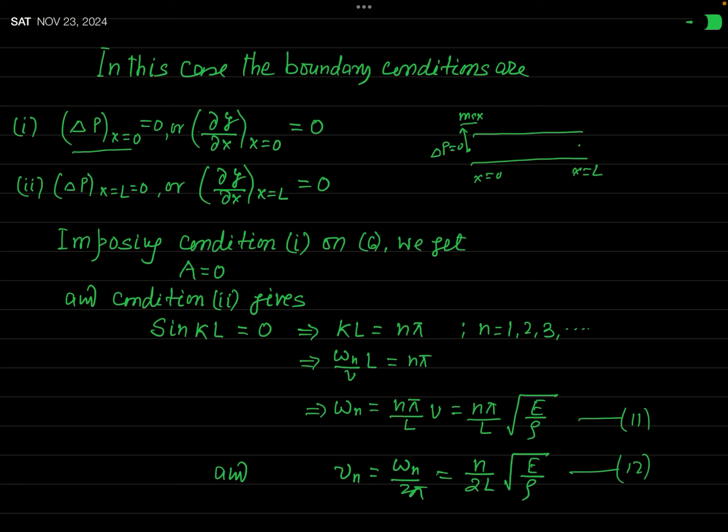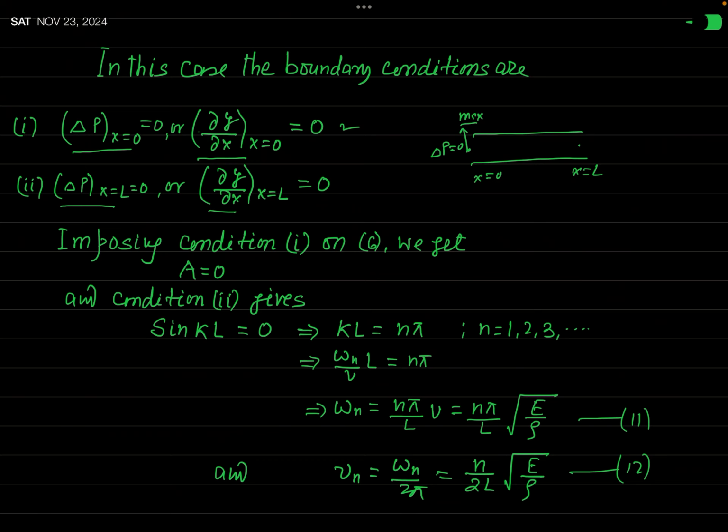But when delta P is 0, you know, the strain del y by del x will also be 0. Okay. So you may write the first boundary condition in this way. Again, at x equal to L, the tube is open. Again the same condition will hold. So this delta P is again 0 at x equal to L. Or you can say that del y by del x is 0 at x equal to L.